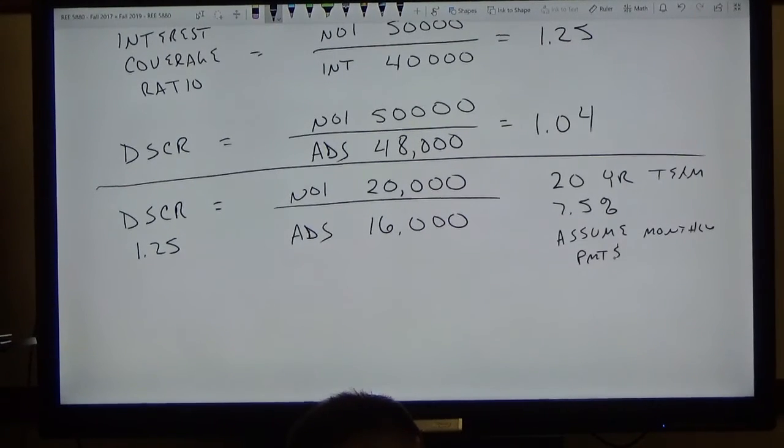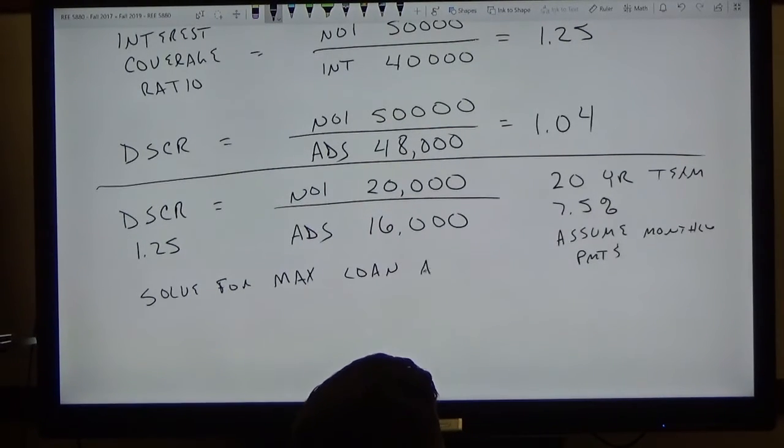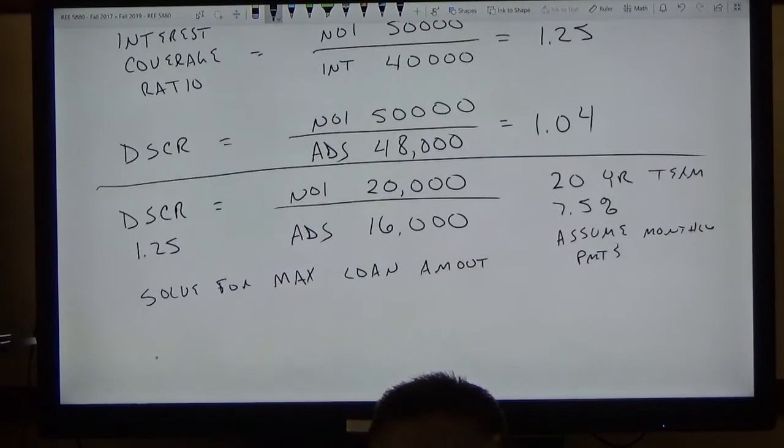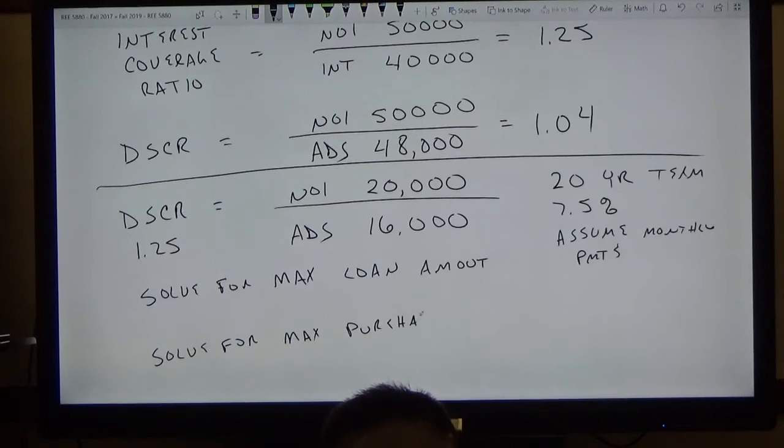So we want you to solve for the maximum loan amount, and then also we want you to solve for the maximum purchase price, assuming what sort of loan to value ratio?